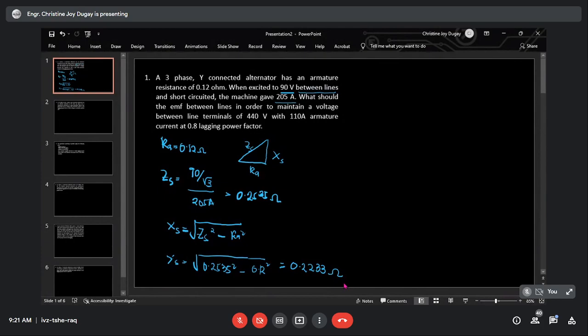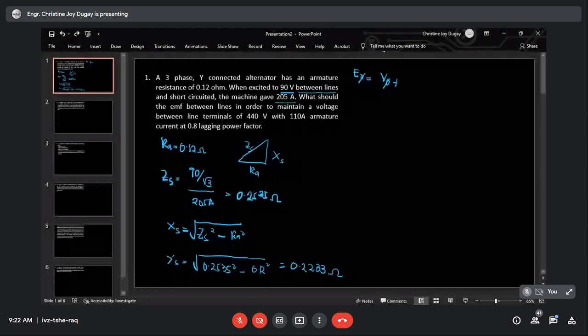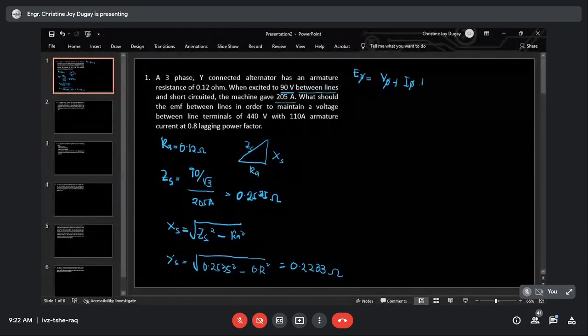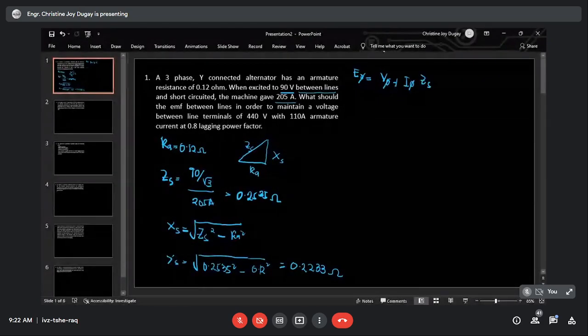So E phase po natin, what is our E phase? That is equal to VP plus I phase times the synchronous impedance, no? Or that is the ZS. So si ZS meron na po.